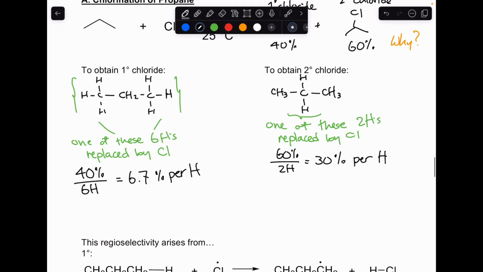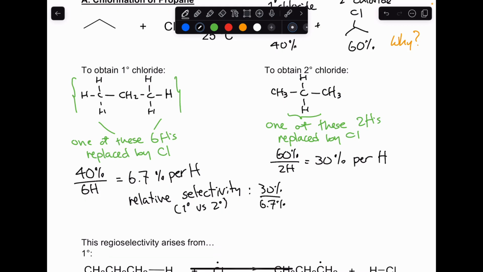So the relative selectivity between primary versus secondary for chlorination is that 30% divided by 6.7% is 4.5.